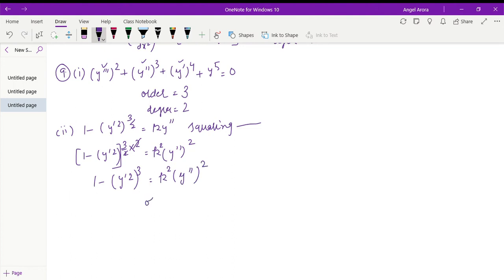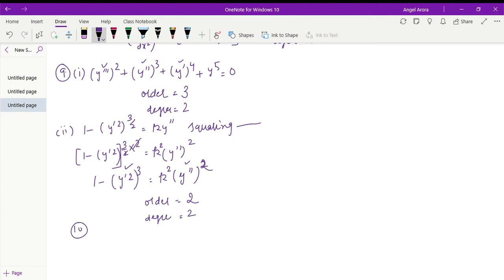So in this case, this is first order derivative, this is second order derivative. So order will be 2 and its power is 2. So degree will also be 2.